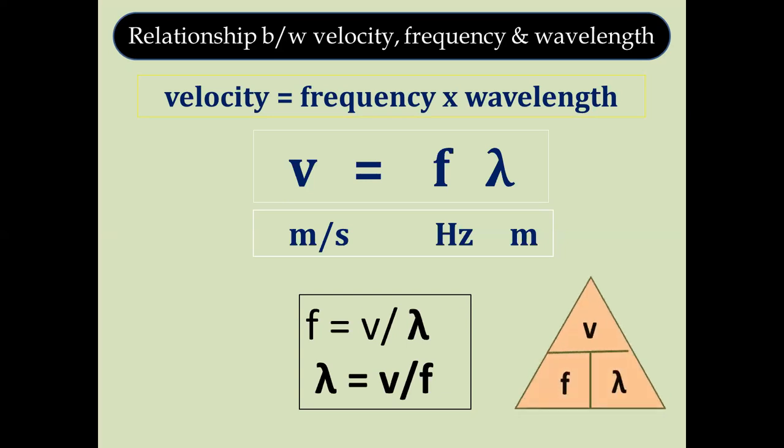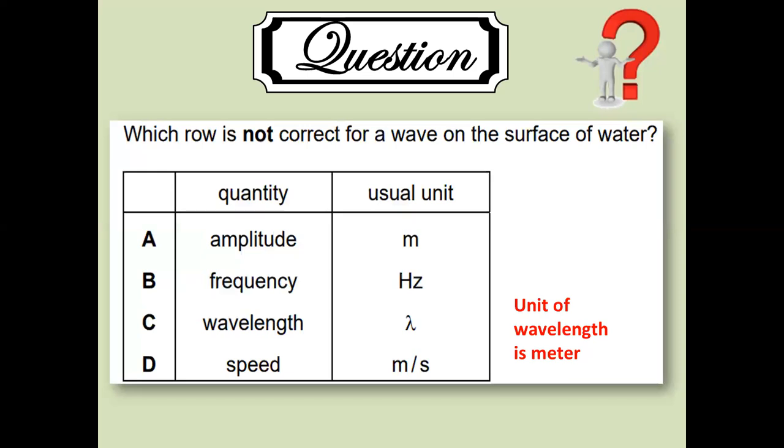We can solve questions related to the product of frequency and wavelength being equal to the velocity. A second question might be: which row is not correct for the wave on the surface of water? The quantity in the first column should match the second column. The amplitude has a unit meter, it is correct.